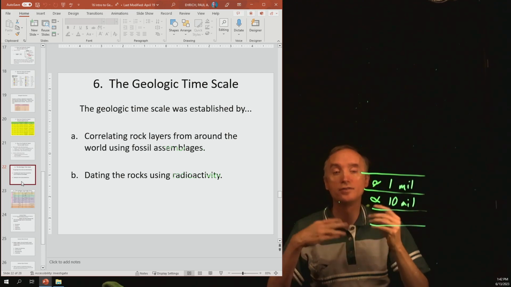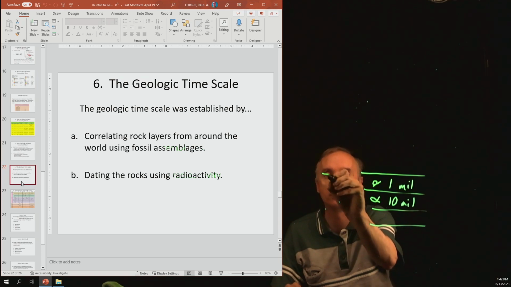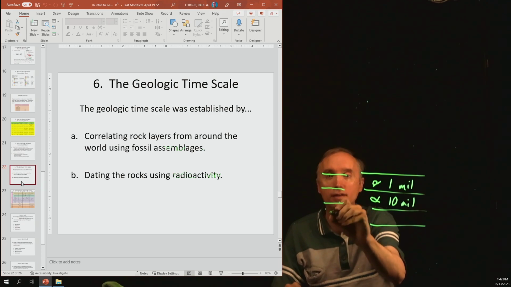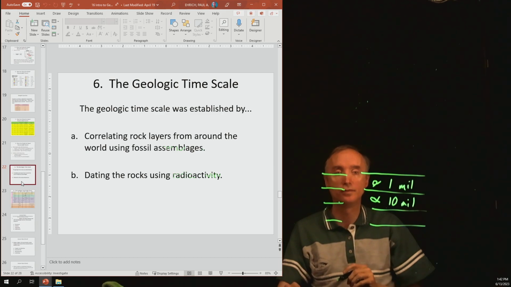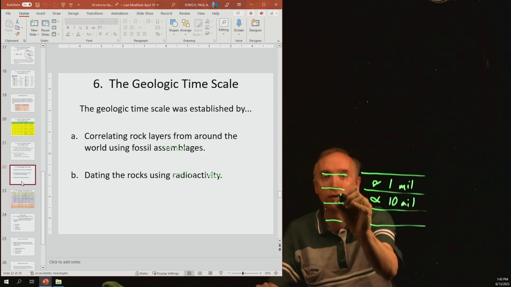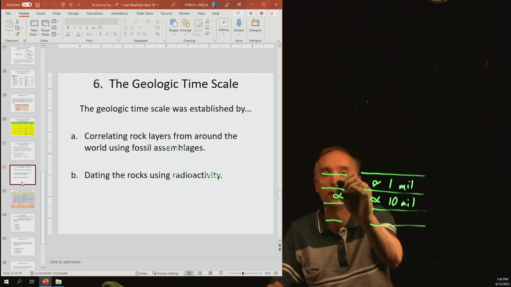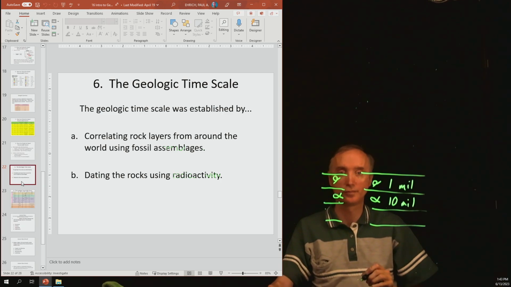Then somewhere else in the world, they found rock layers that had the same fossils in them. So over here, they found a particular rock layer that had a fish, and then they found another rock layer that had a fossilized shell in it.